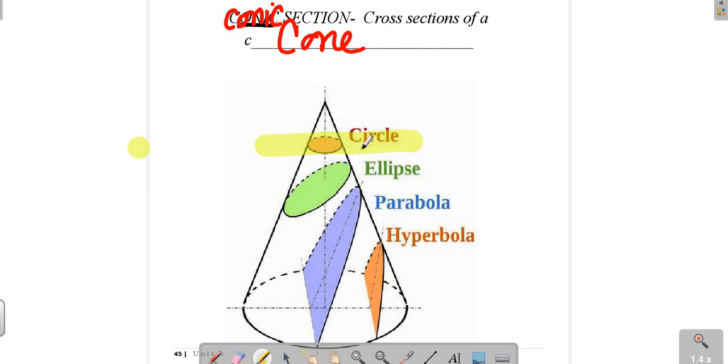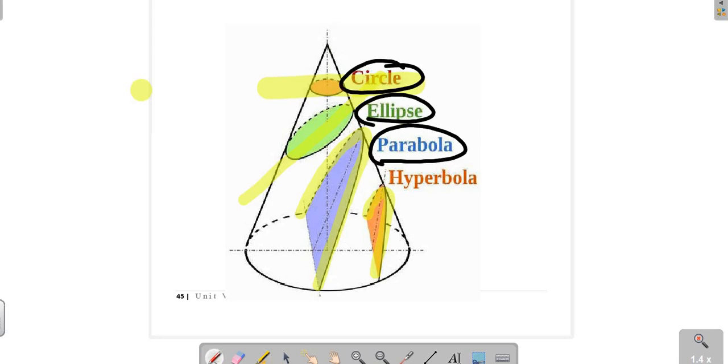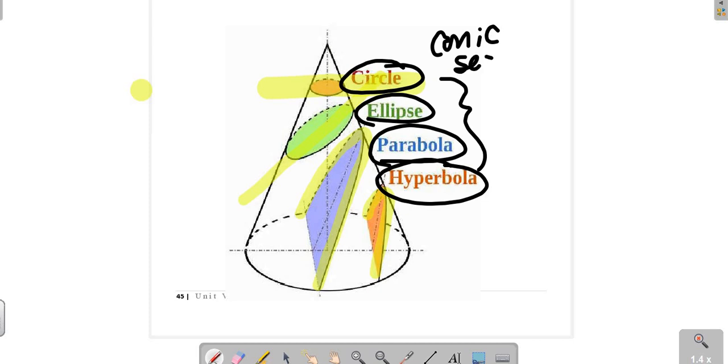If you slice a cone at a slant but go all the way through, you get an ellipse. If you slice a cone towards the bottom, you get a parabola. And if you have two cones back to back, you have something called a hyperbola. All of these are called conic section shapes, and they all have conic section equations.